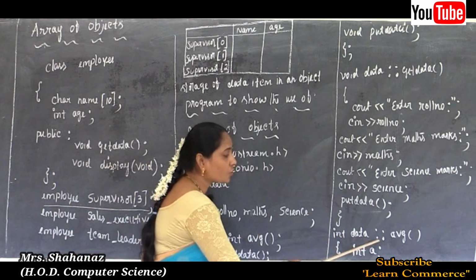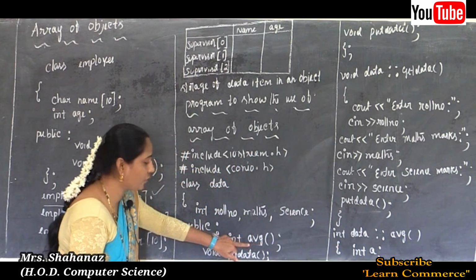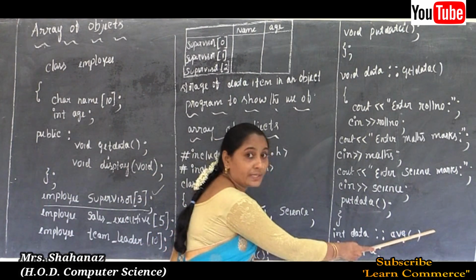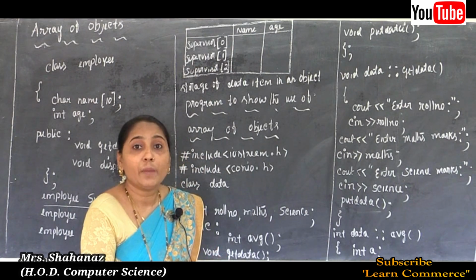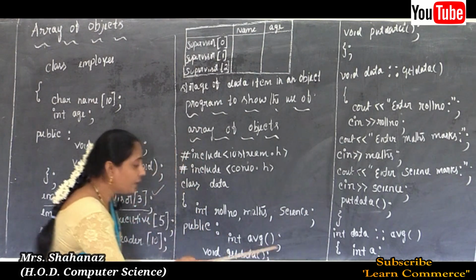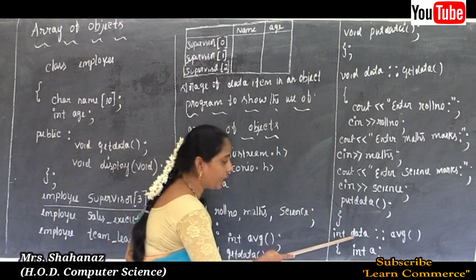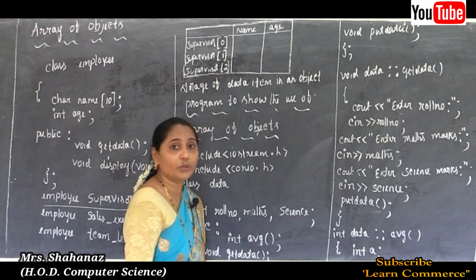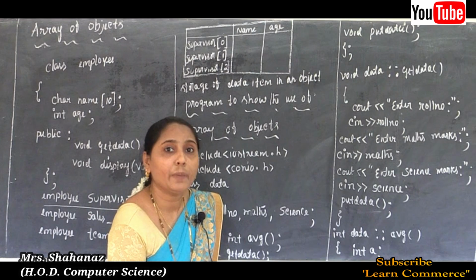So data, scope resolution operator, average, avg. Why? Because the member function name is avg, and open and close, but no semicolon. Because this line is called the definition of the member function. Clear this point here. This is called the declaration of the member function, and wherever you use the scope resolution operator, this is called the definition of the member function.